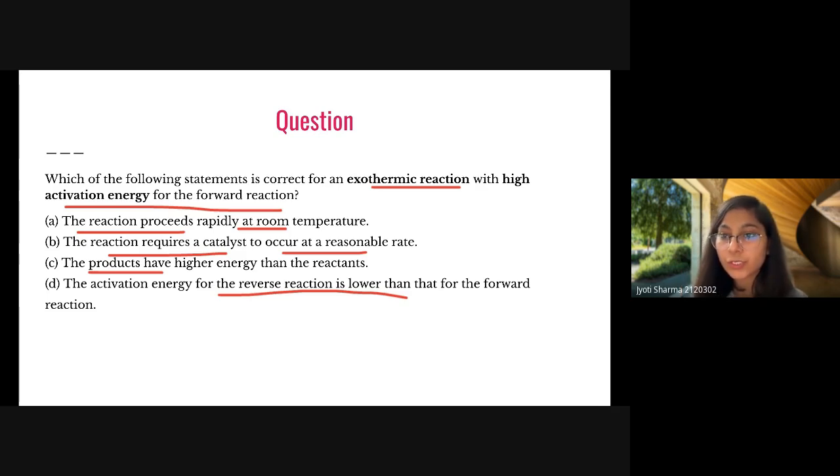Okay, so Joshi gave me the C answer. So, okay, let me tell you about the exothermic reaction. Let me give some time.